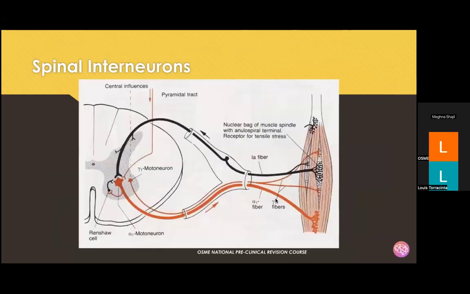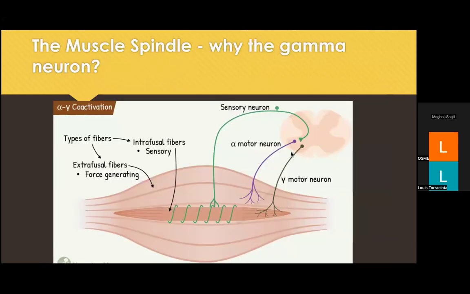So the gamma motor neuron is almost like redundant information to give a sense of how much stretch is going on. Because if you only had one single piece of information, saying there is stretch or there is no stretch, you wouldn't have any information about how stretched the muscle is. And so you wouldn't have reflex arcs that occur at different stretch points, because it would just be stretched or not stretched.